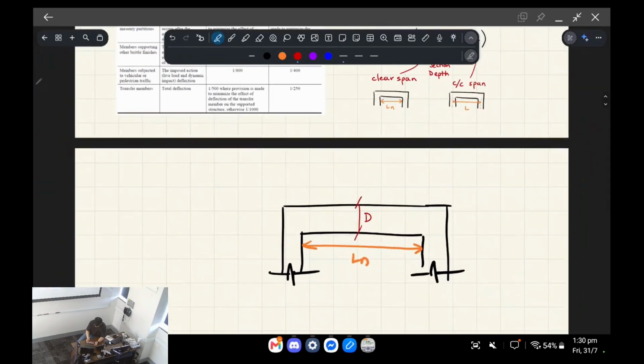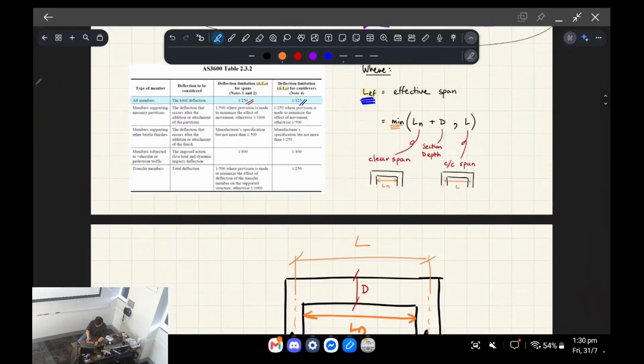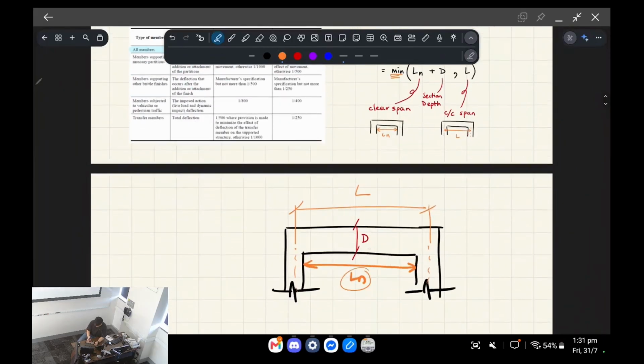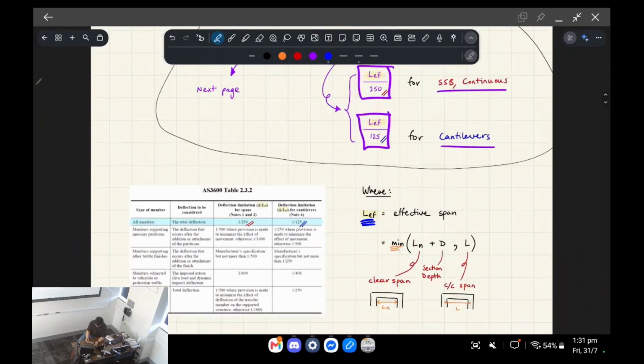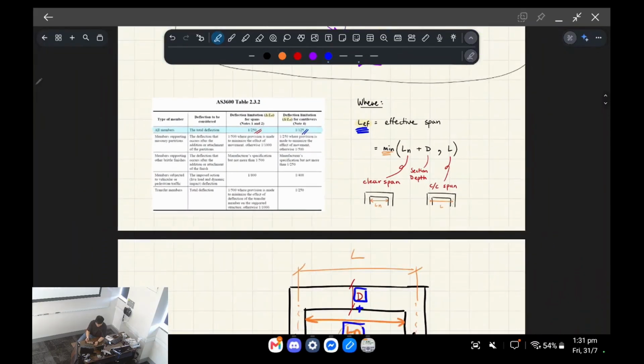The center to center length is from here to here, from the center of this column to the center of this column. Then you take whichever is smaller: the clear span plus the depth, versus just center to center. You take the smaller one between those, and that's your effective span.